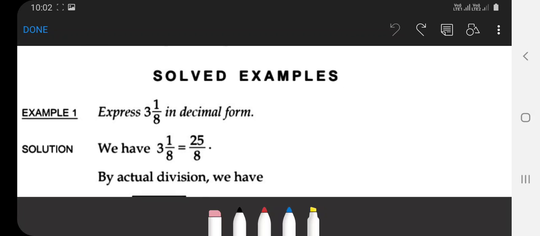Express 3 whole 1 by 8. 3 whole 1 by 8 is equal to 3 times 8 is 24, plus 1, that is 25 by 8.